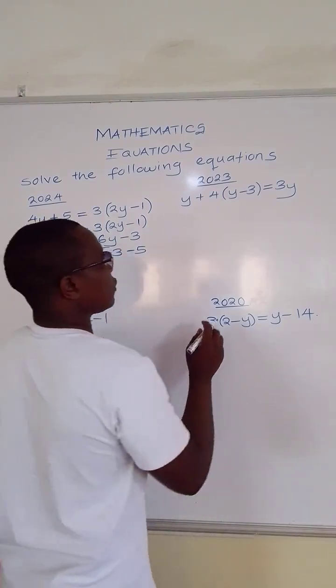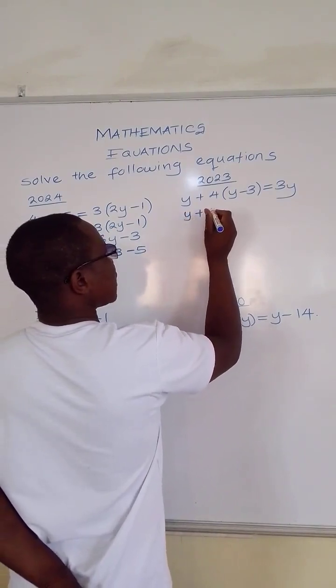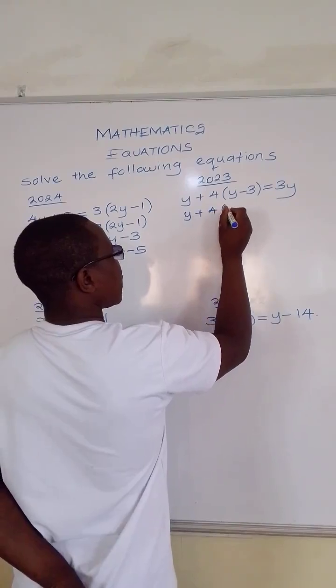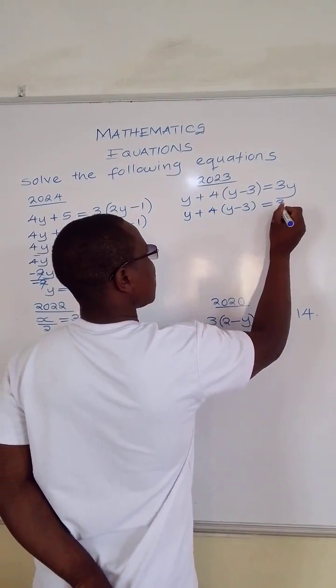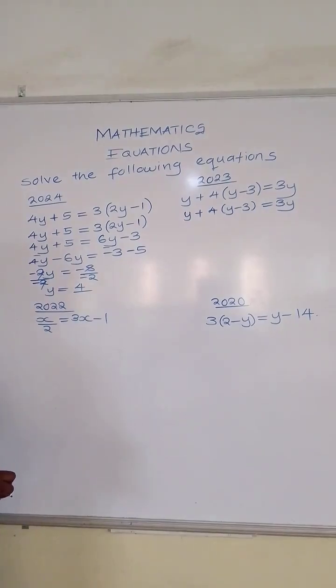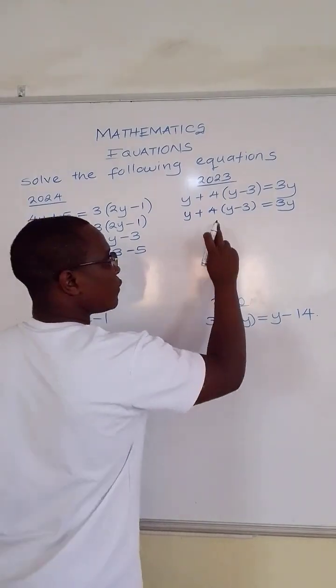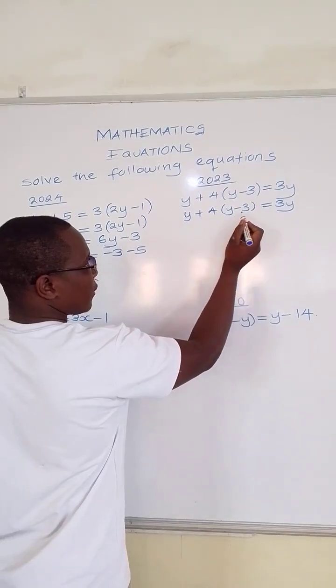So let's look at this other one. 2023, we are told to solve y plus 4 open brackets y minus 3 is equal to 3y. Okay? So step number 1, what we are going to do in this case is we're going to remove the brackets. Okay, by multiplying this 4 by what is inside.